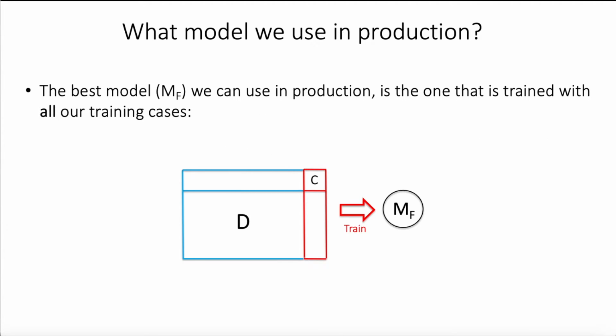The natural choice is the model trained with our entire training set, which is different from all the models we obtained from our iterations, because those were trained with different pieces of the database. It is reasonable to assume that the best model is the one trained with the biggest training set, because it's the most representative thing we can have of the reality of future cases. So that is the model in general we use in production.